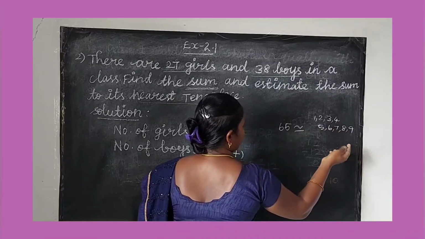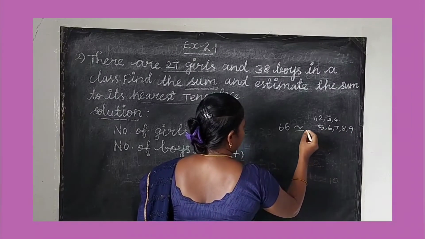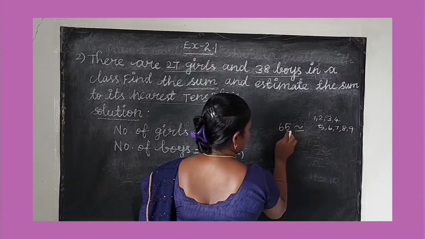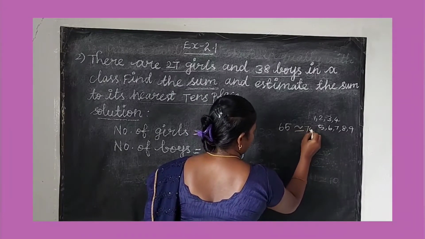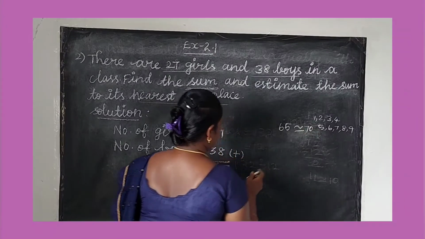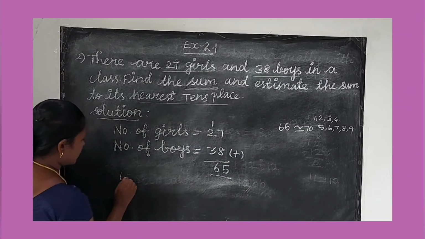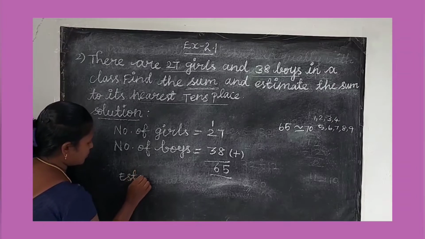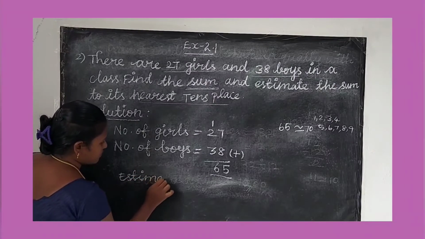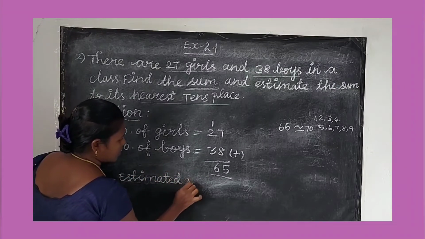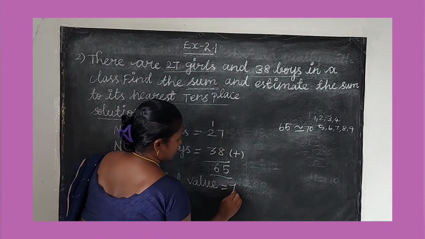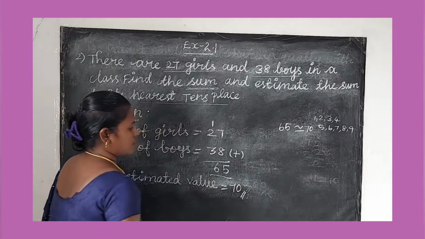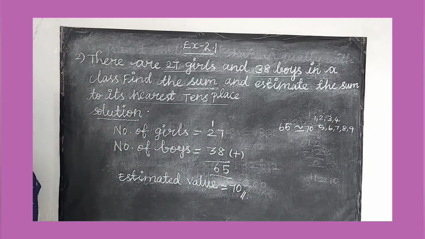For the second group we have to write the after number. So 65 means 5 is the second group. So the after number is 70. 70 is the estimated value. So the answer, the estimated value, is equal to 70. So 70 is the answer.